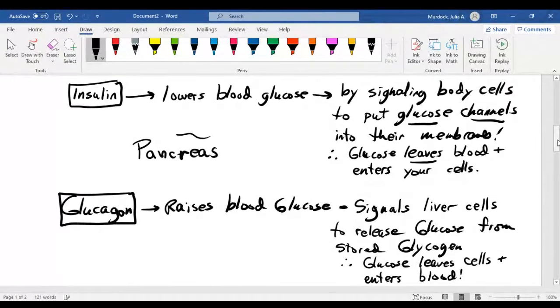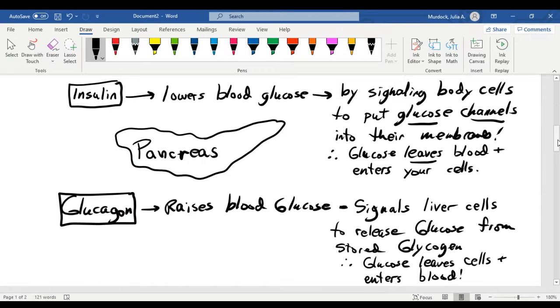Which is an organ. It kind of looks like that, right? And the pancreas has a built-in glucometer inside it. The pancreas has a way to constantly be measuring your blood sugar.